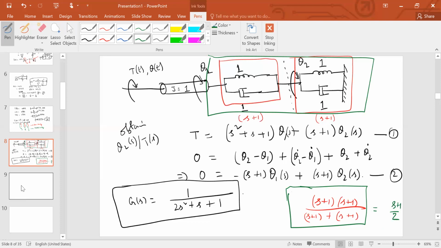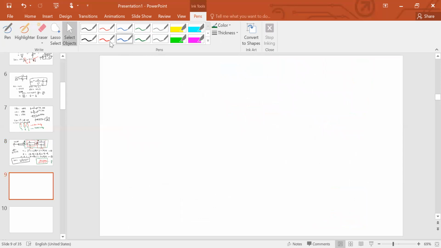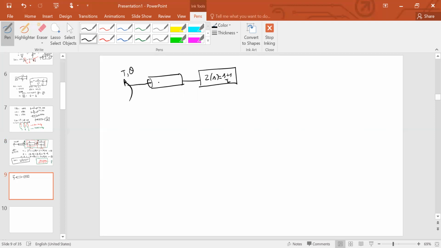So basically then I could view this like a torque being applied here, and if I want to find the transfer function at this point, then I can treat this as a ZS block equal to (s plus 1) by 2, in which case this will be s squared times 1 because the moment of inertia is 1. So in this case, you can write that T is going to be equal to s squared plus (s plus 1) over 2, times theta of s.